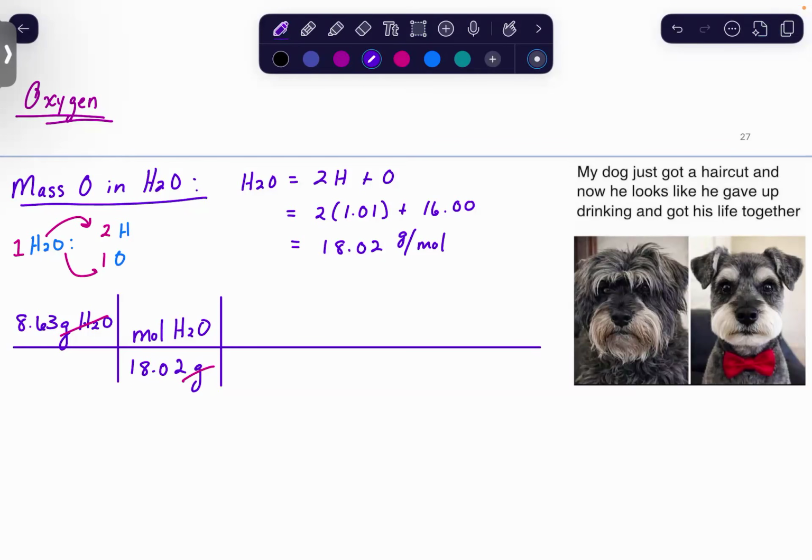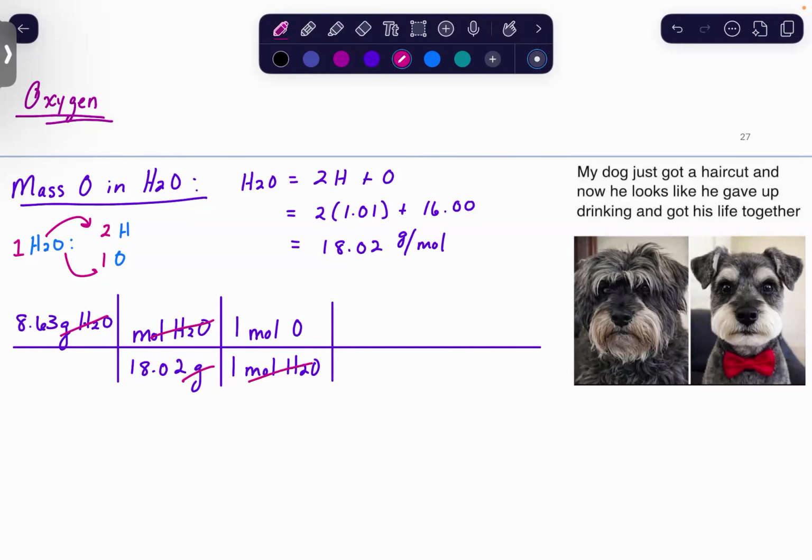So I'm looking for oxygen in H2O. Well, I know that for 1 mole of water, oh, I'm looking for oxygen. I keep going backwards. I have 1 mole of oxygen. So that is going to moles of H2O.